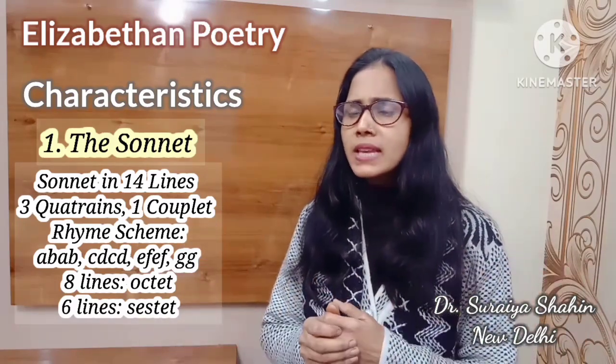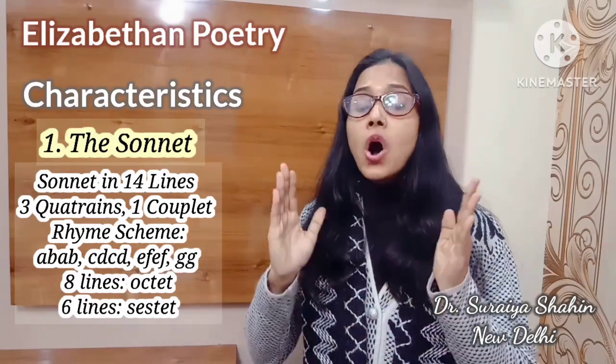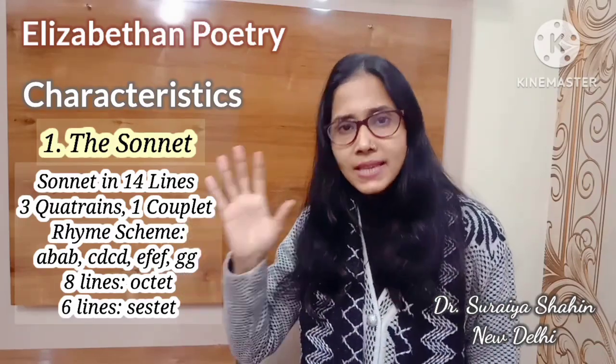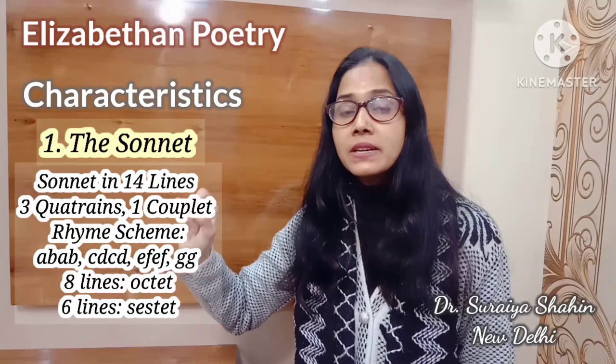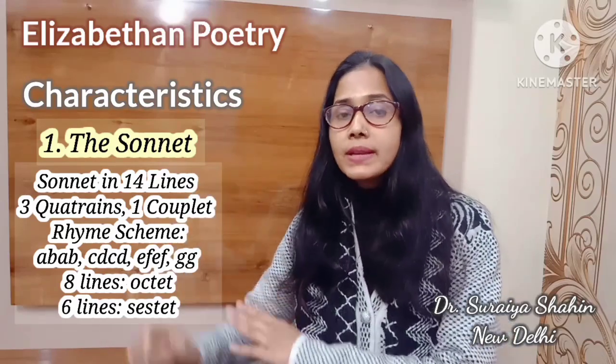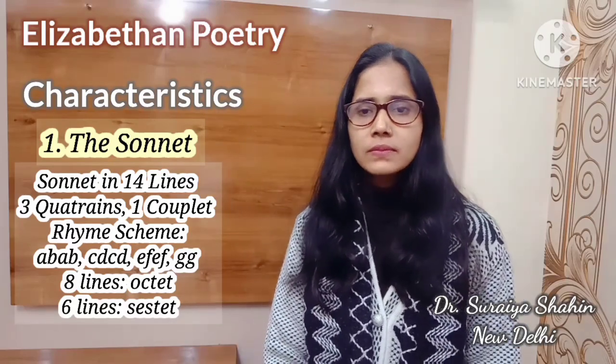Most of the Elizabethan poets followed the Italian pattern of octave and sestet. But Shakespeare made a slight difference by breaking the sonnets into 3 quatrains joined by a couplet.